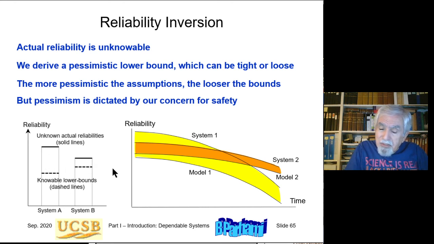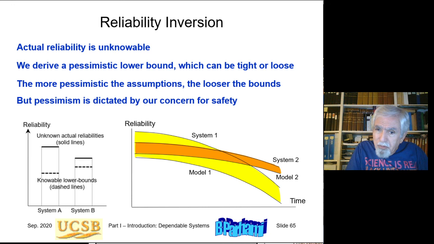And here is reliability changing with time. Here I've shown system 1, its actual reliability, which is unknowable, and a model that we use to establish a lower bound for it. This is system 2, its actual reliability, and the model we use. In this example, we see that system 1 is more reliable up to this point in time.